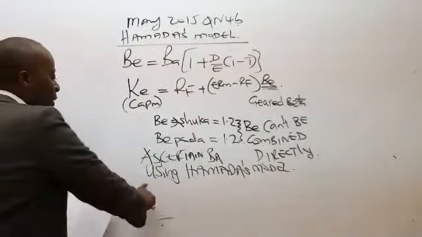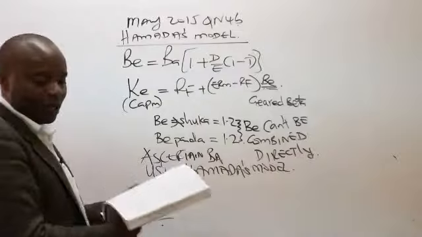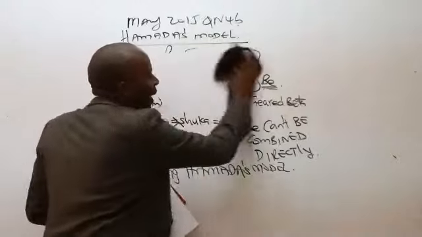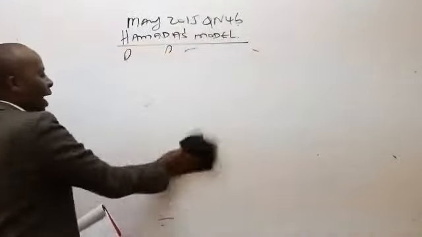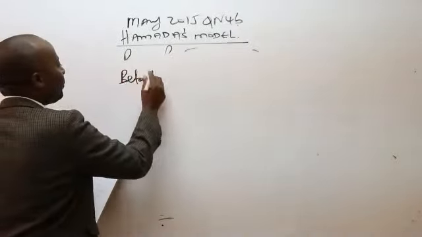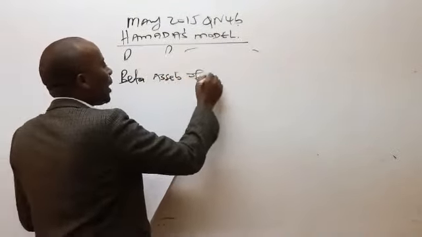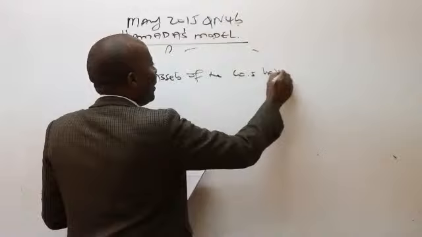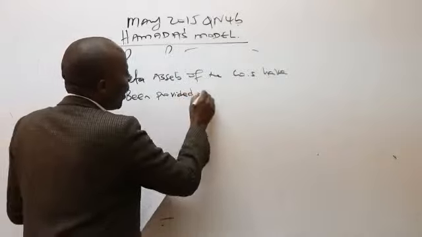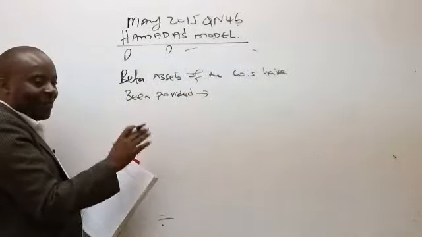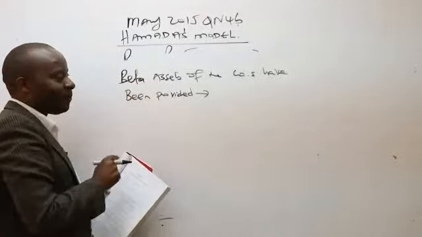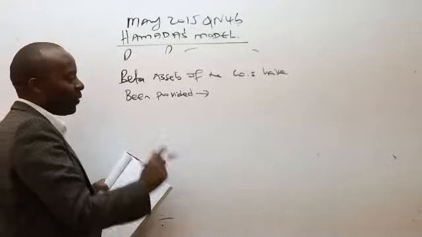In this question, if I were you, I would have written there that beta assets for the companies are given, have been provided directly. So I will not use Hamada's model to ascertain beta assets of the specific companies.